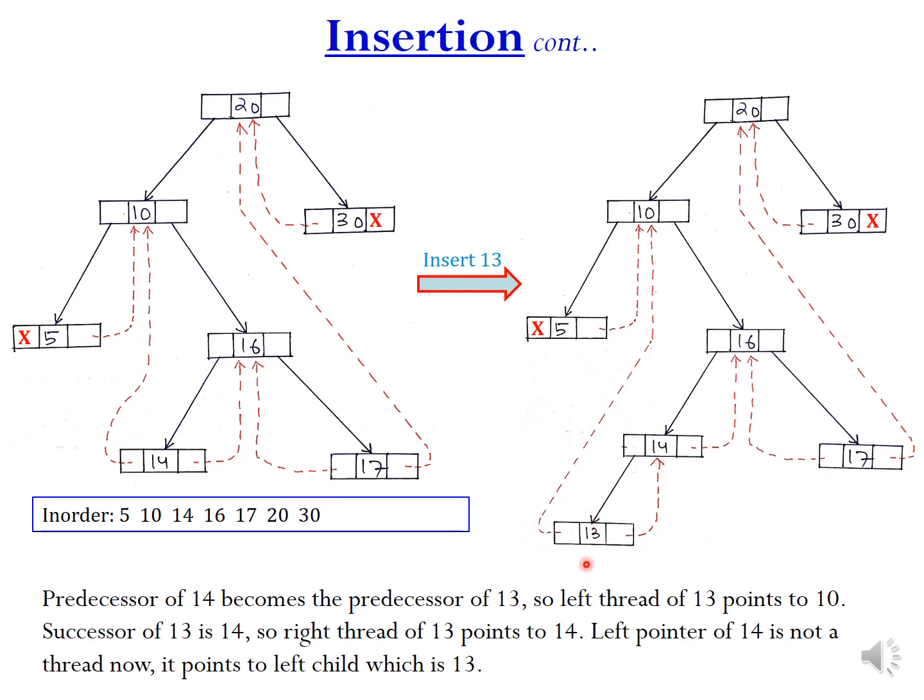This is an important point, because after insertion of 13 we are updating the threads. The predecessor of 14 becomes the predecessor of 13, so the left thread of 13 points to 10 now. The successor of 13 is 14, so the right thread of 13 points to 14. The left pointer of 14 is not a thread now; it points to its left child, which is 13.